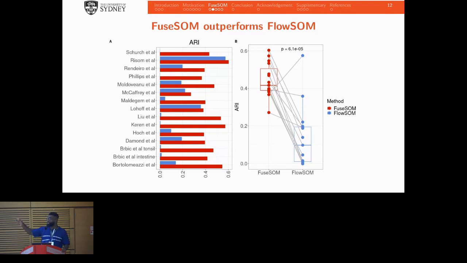Again, these scores are low because these data sets all had significant human intervention in the cell type, so we're not just matching another clustering algorithm. And this is significant, the difference. So it's fast and it does work.